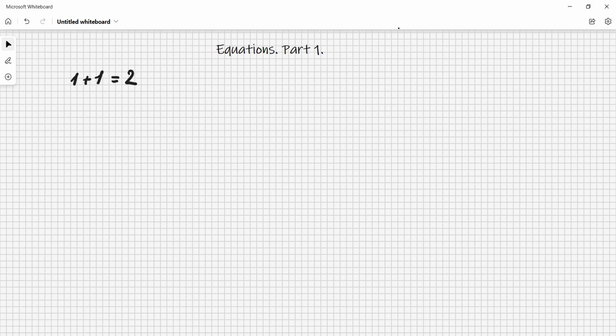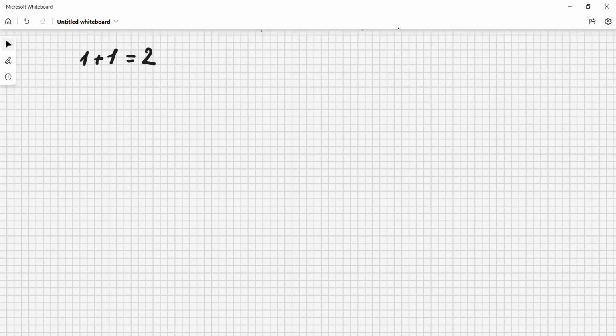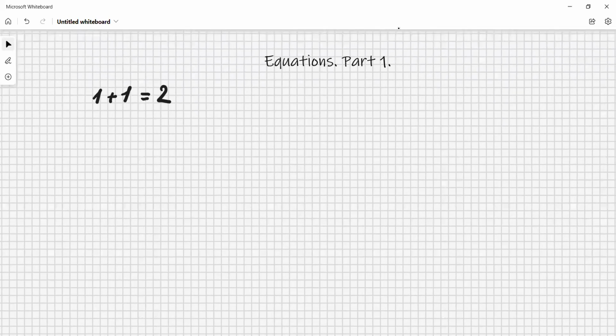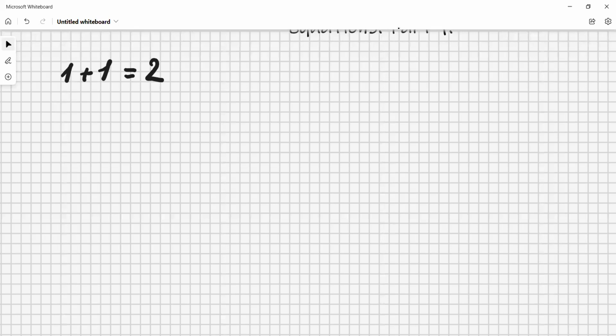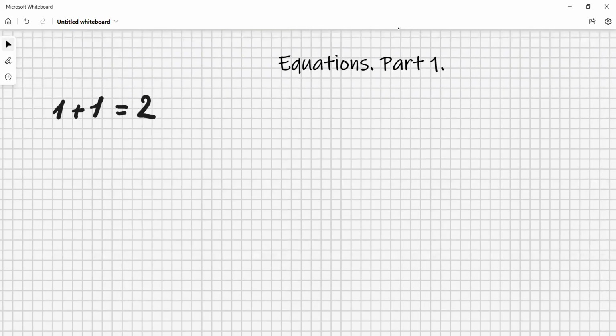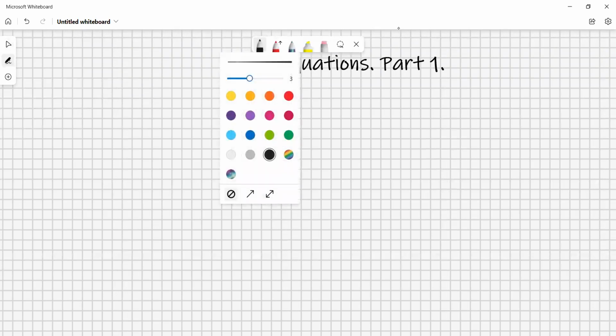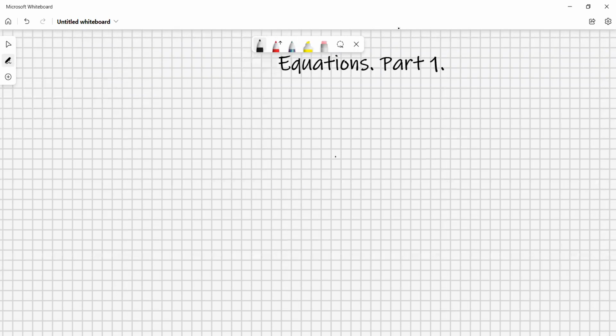Sometimes equations are going to have a variable like x. x plus 1 equals 2.